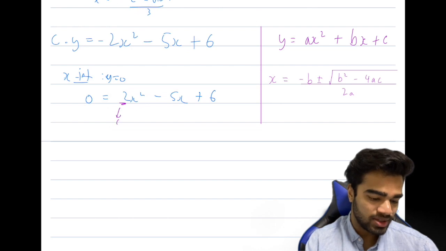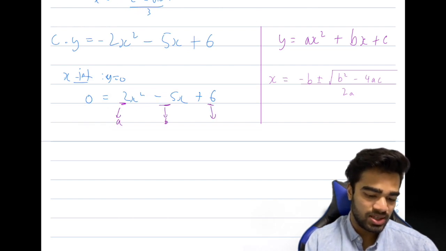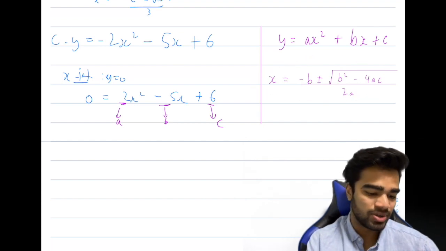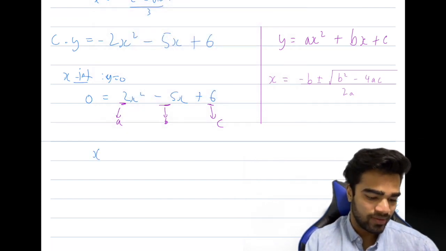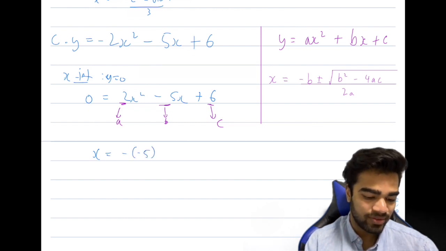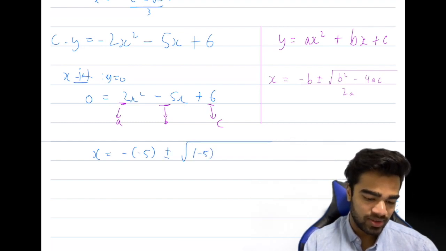So again, a is 2, b is negative 5, and c is 6. And we can now sub it into our quadratic formula. So we have x is equal to negative b, so negative of negative 5 will actually make a positive 5, plus or minus square root of b squared, so negative 5 squared, minus 4 times a, which is 2, times c, which is 6.